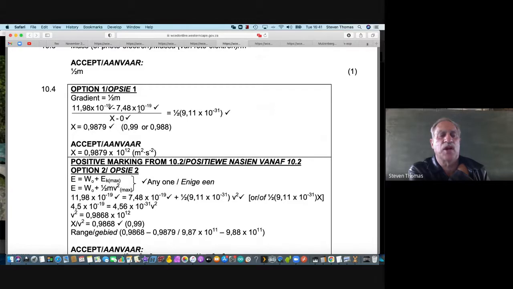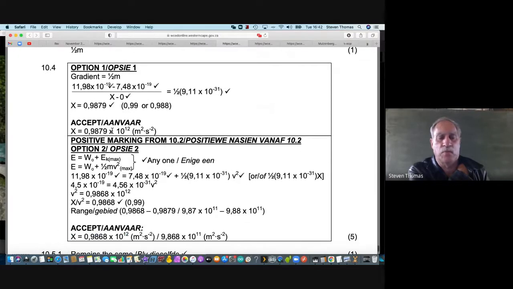So there's your gradient, which is the two energies. That's the y-axis. There's your x-axis to find x equals a half, and the mass of it. So when you divide the difference by a half and the mass of the electron, you're going to get your v squared. So there's the answer for x, or v squared.